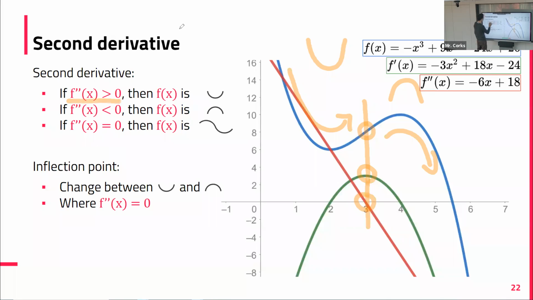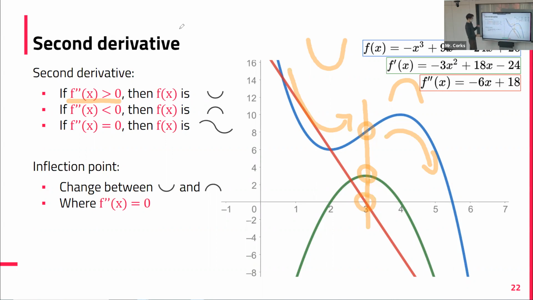Let me repeat this here again. If we look at all the areas where the function is curving up, then the red line, the second derivative, is positive. The y values are positive. In all the areas where the blue one is curving down, the second derivative is negative for that whole interval.